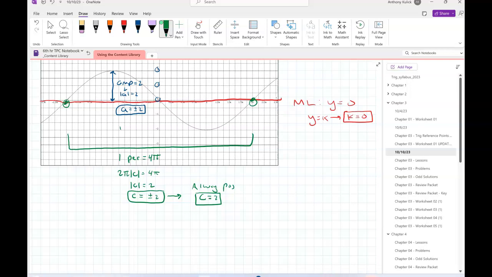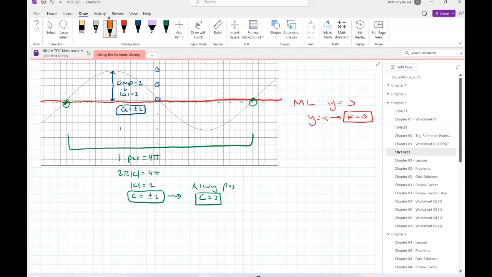I think it is always either easier or stays the same if we just choose C to be positive. Since there's always an answer where C is positive, I'm just going to always make C positive when I do these. I would suggest you do the same, although it's not necessarily going to be incorrect if you try to make the C negative. But this is the way that I'm going to do it. Everybody's okay? All right.